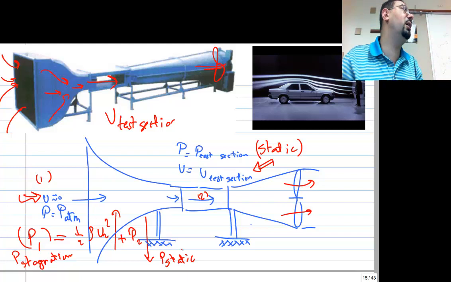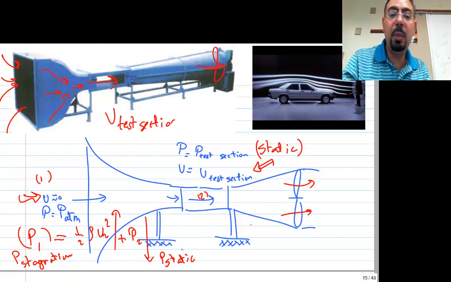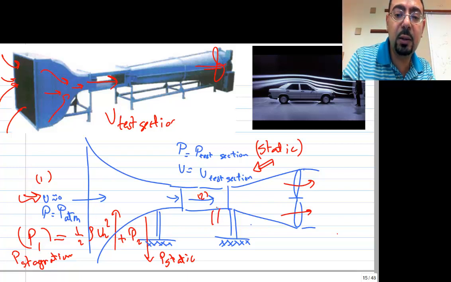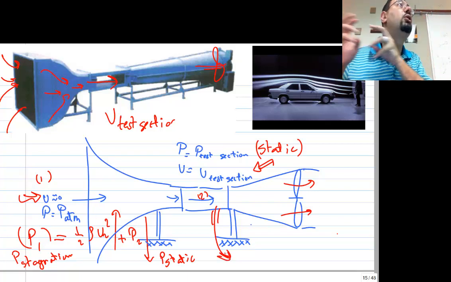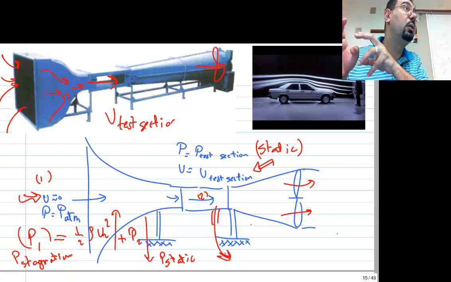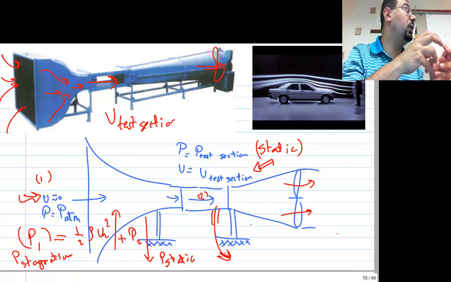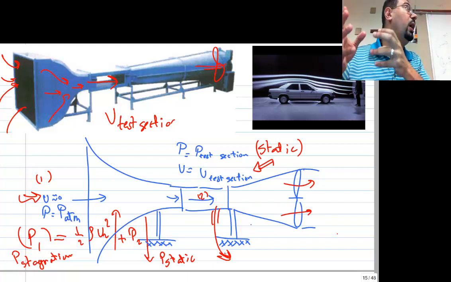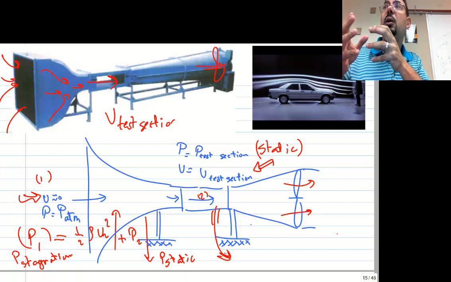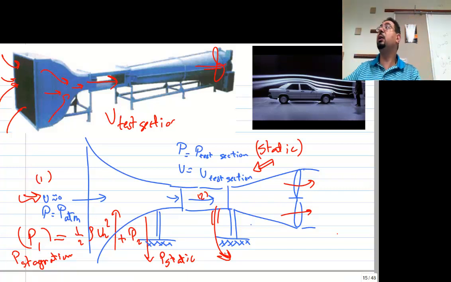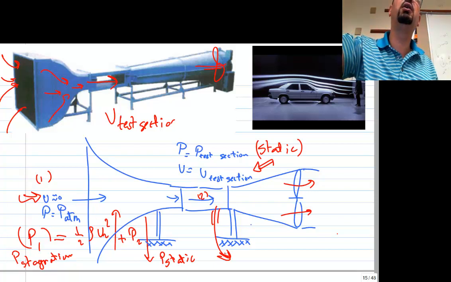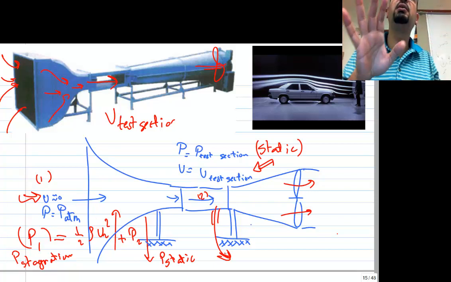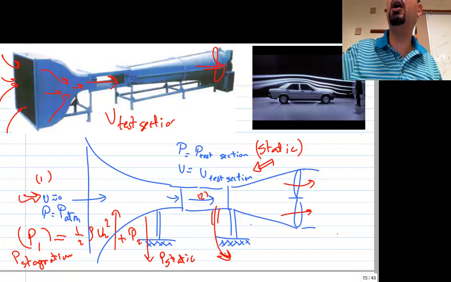But if I take a sample of the air over here at that velocity and manage to slow it down, turning all the kinetic energy into pressure back again, what will happen to the pressure? It will increase again, right? If you stop it isentropically, no losses, no heat transfer, nothing is lost, nothing is added, you go back again to the stagnation pressure, right?